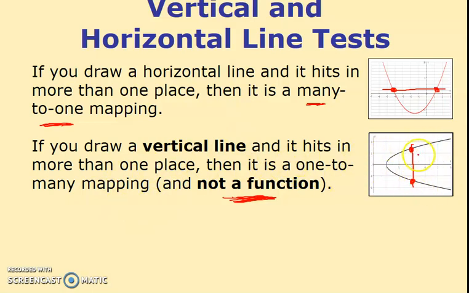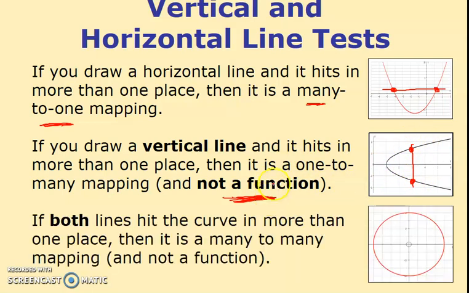But it could be either of those two. If it draws a vertical line and hits more than one place, the critical thing is not a function. And if it does hit both, so I draw that and you can see it hits two places, and I draw myself a vertical line as well. Yep, hits both. Well, that makes it, I suppose, a many-to-many.